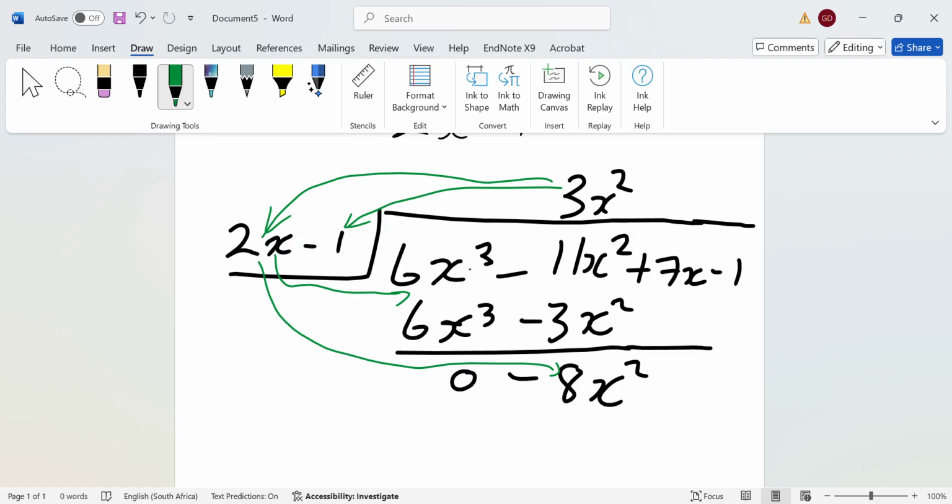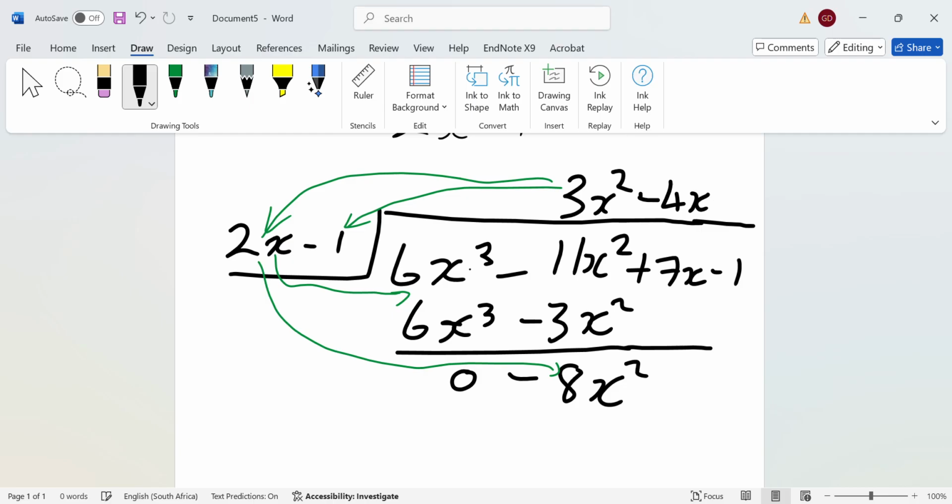2x into 8x squared. 2x goes how many times? It goes 4 times, and there's a negative sign because it's a -8x squared, so it's minus 4x.